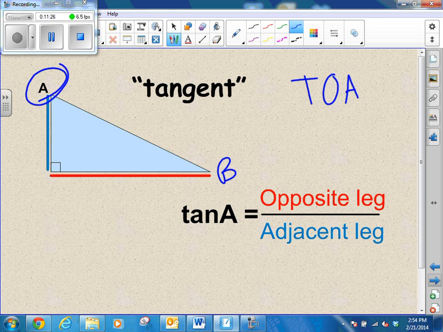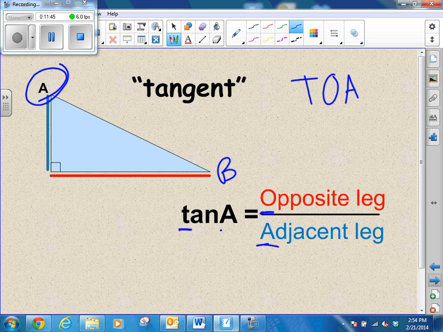But the thing to remember is whenever I have tangent of an angle, that's always the opposite side over the adjacent side. That never changes. Your placement might change, but that equation never ever changes.